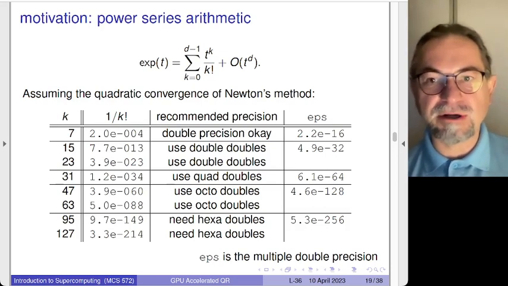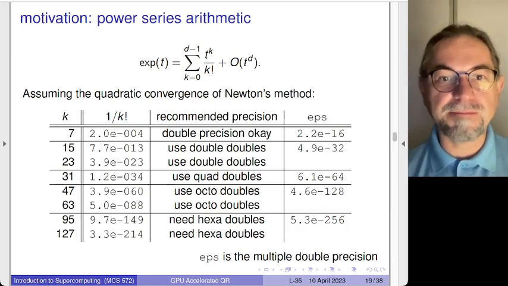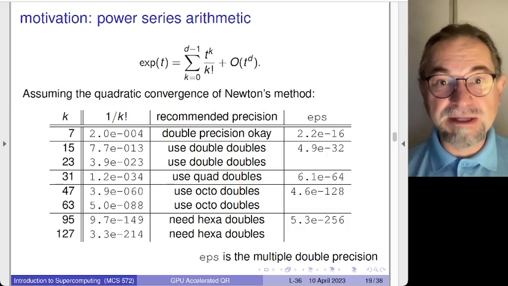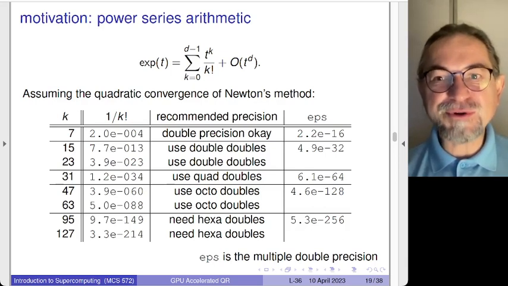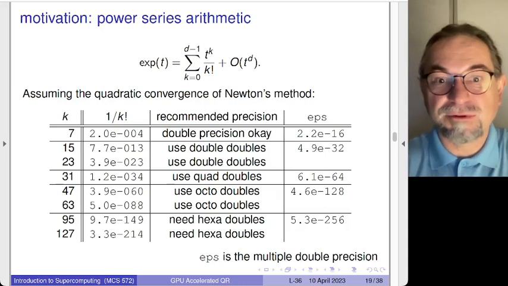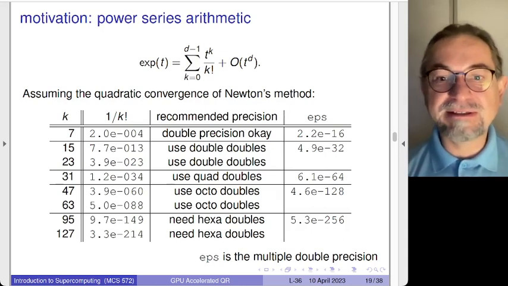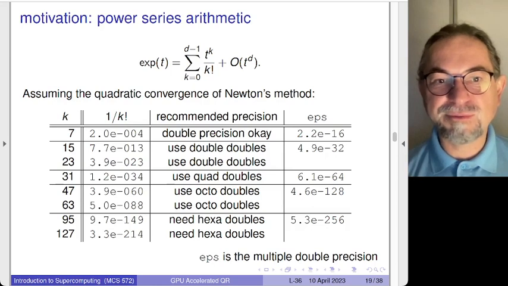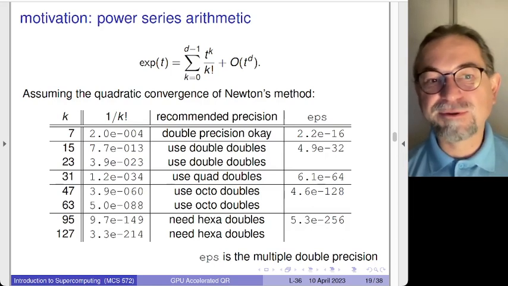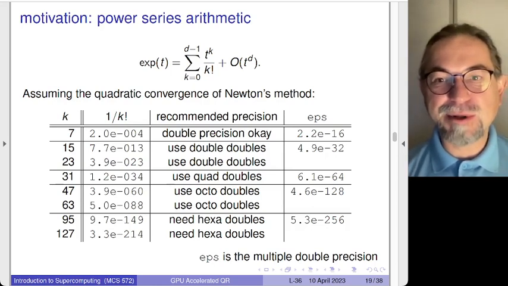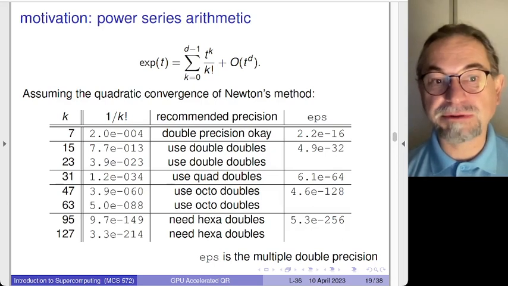But if you want many terms, and if you use a GPU, there's not really a reason to hold yourself back with, say, 64. But then you see that the smallest number, the 1 over k factorial, is already 10 to the power minus 88. That's way below the precision of quad doubles.